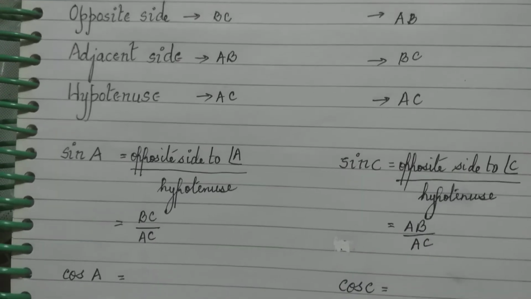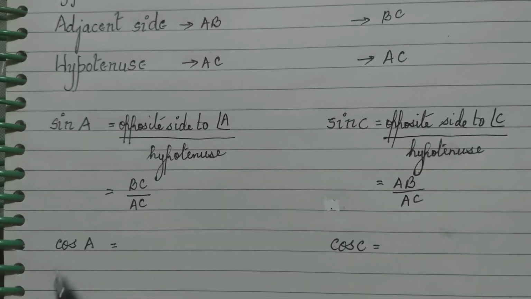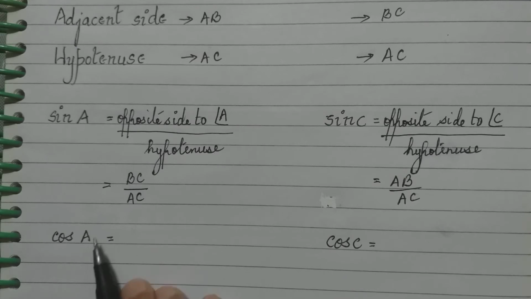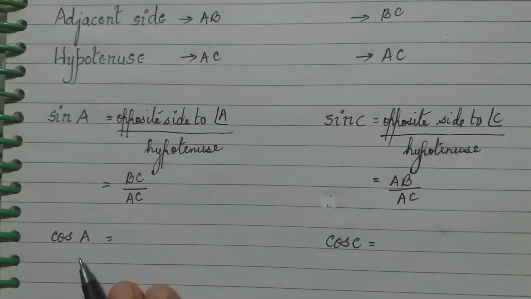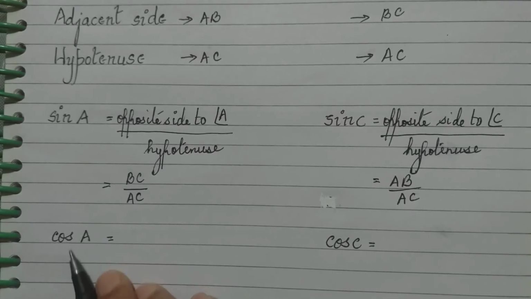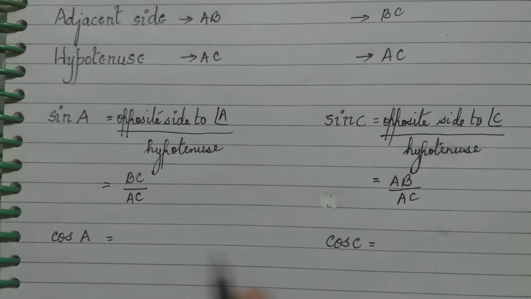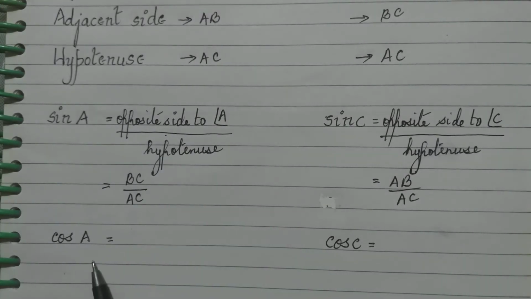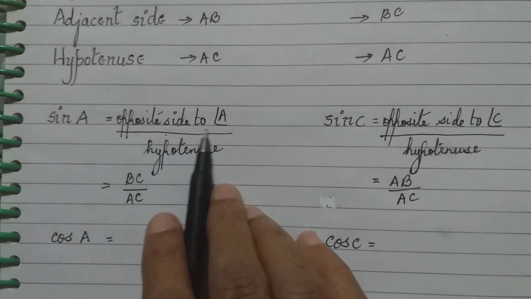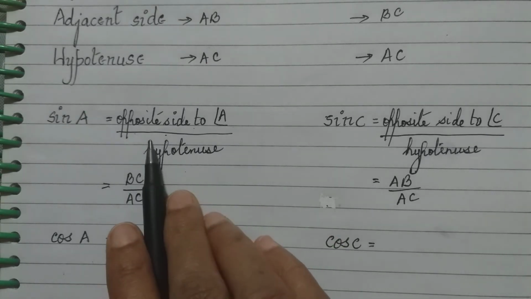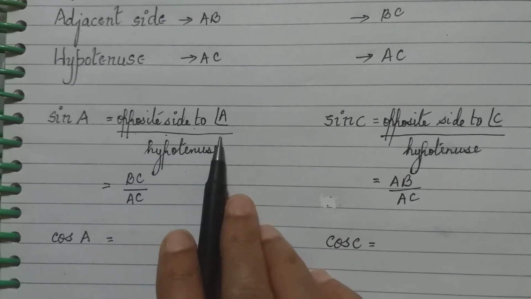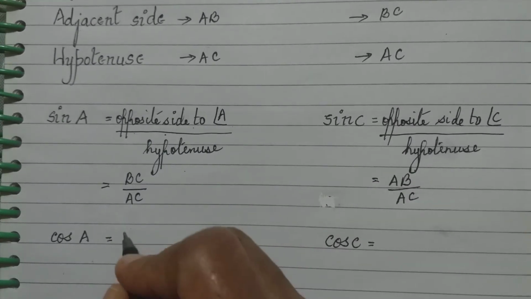Now we go to the next one, that is cos. Now here I have cos A, here it is cos C. As I told you, this A and C is changing because here A is the acute angle under consideration and here C is the acute angle under consideration. Now here when I say cos A, it is not opposite side to angle A upon hypotenuse, but it is adjacent side. So adjacent side to angle A upon hypotenuse.